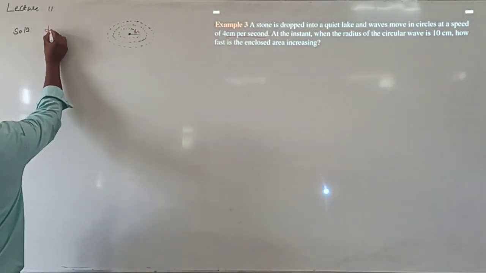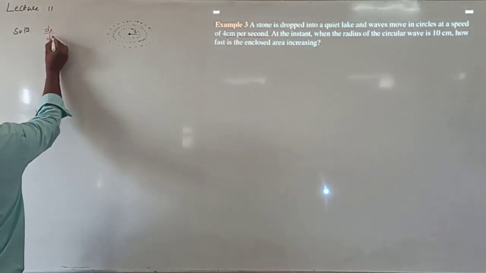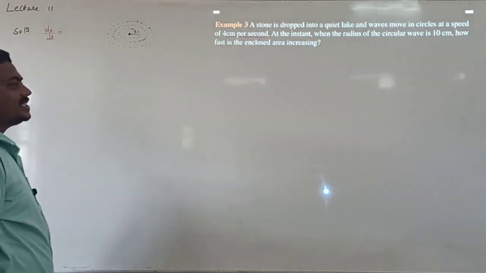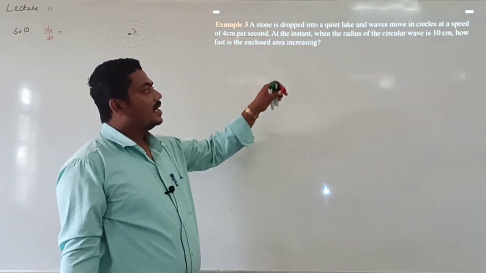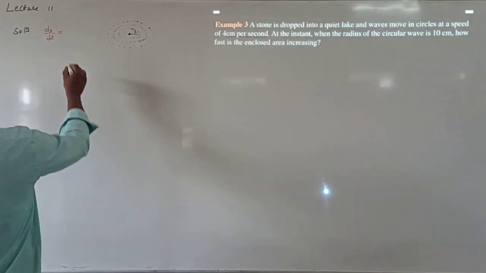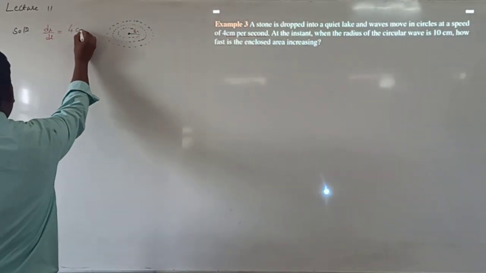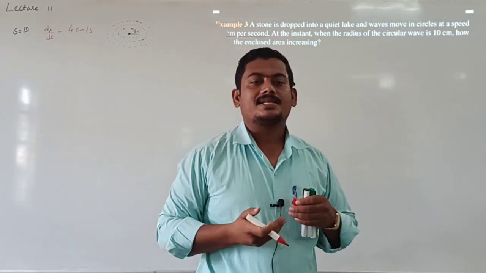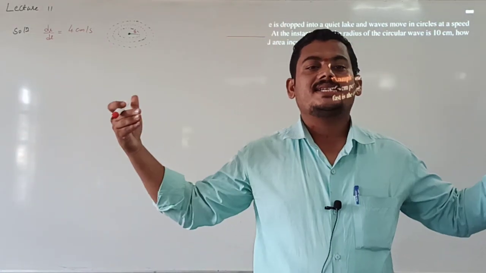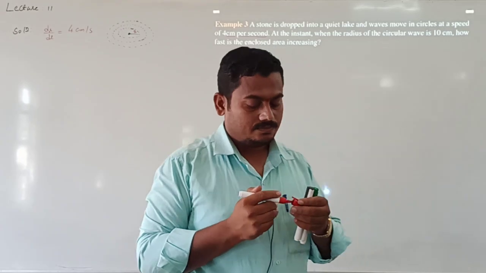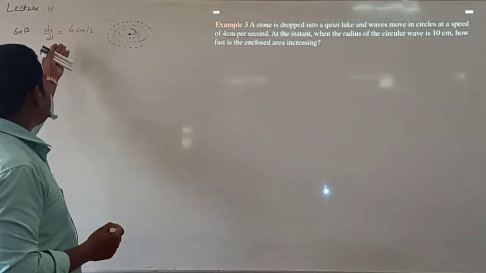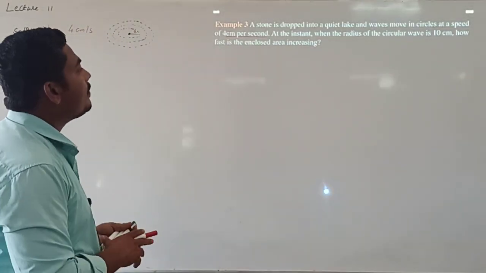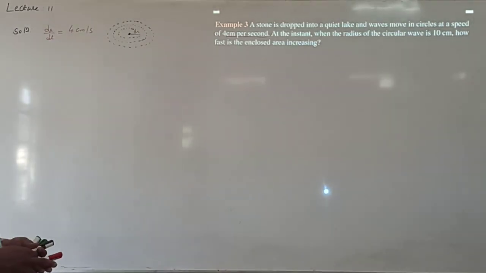According to the given data, dr by dt is given. Waves move at a speed of 4 centimeter per second, which means the radius is changing at a speed of 4 centimeter per second.